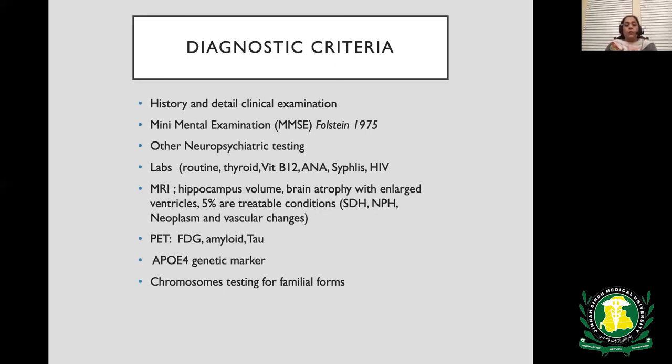Another test which people are doing mainly for research purposes is PET, positron emission tomography, in which radioactive isotope material is given IV to the patient, and these isotopes attach to the abnormal proteins in the brain, for example amyloid and tau.